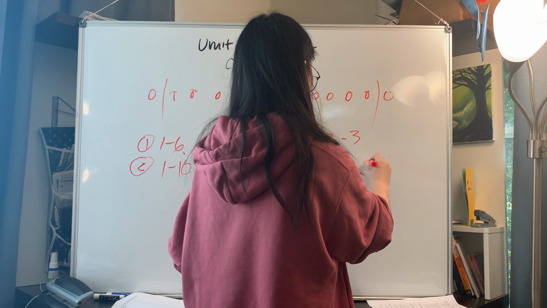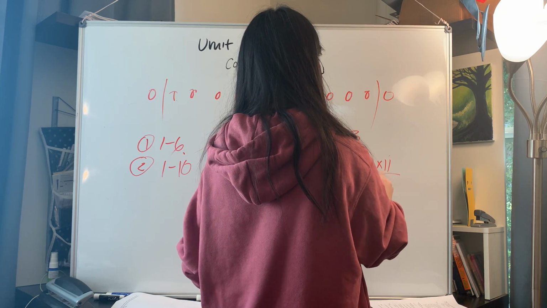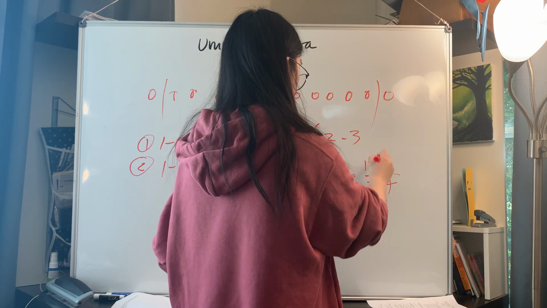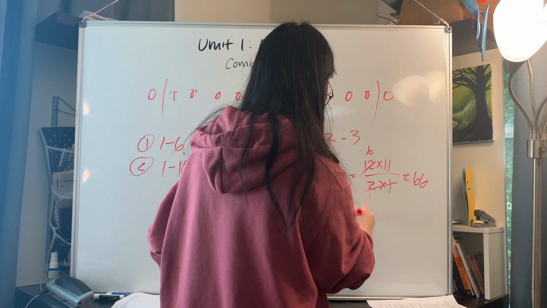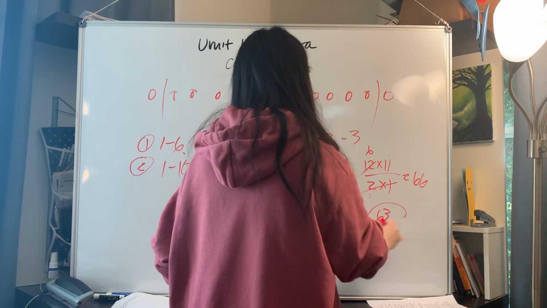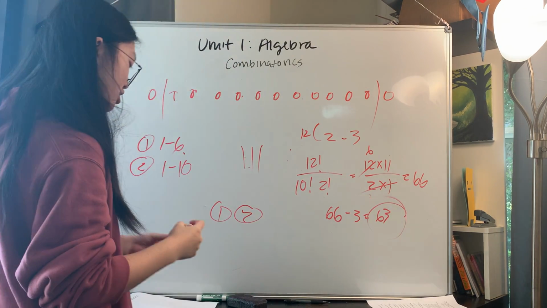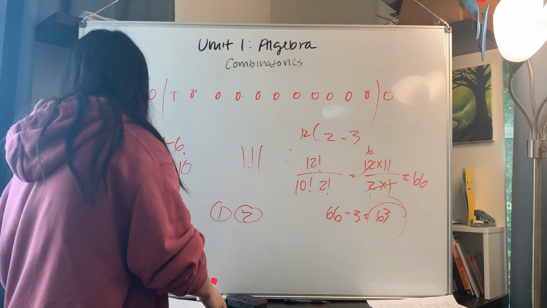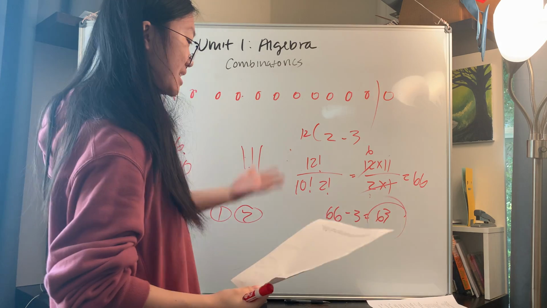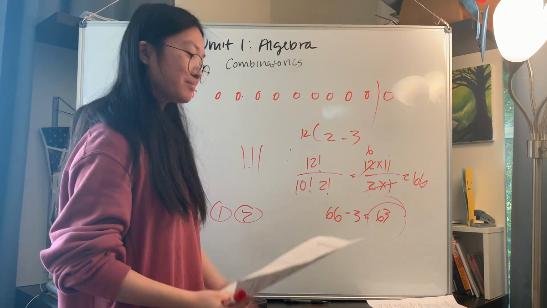So that's equal to 12 times 11 divided by 2. That's equal to 66. And 66 minus 3 is equal to 63. So there are 63 different ways that we could get a sum of 13 if we participated in this game.